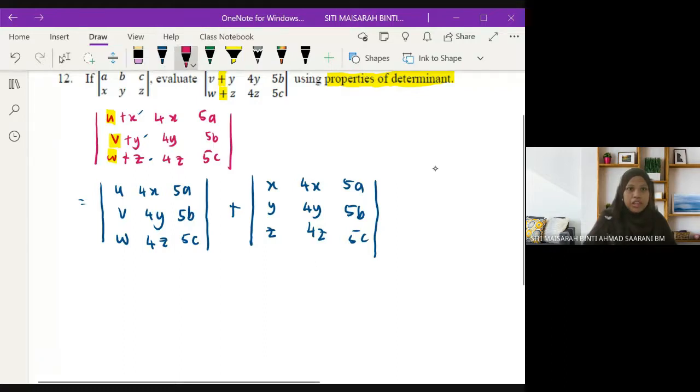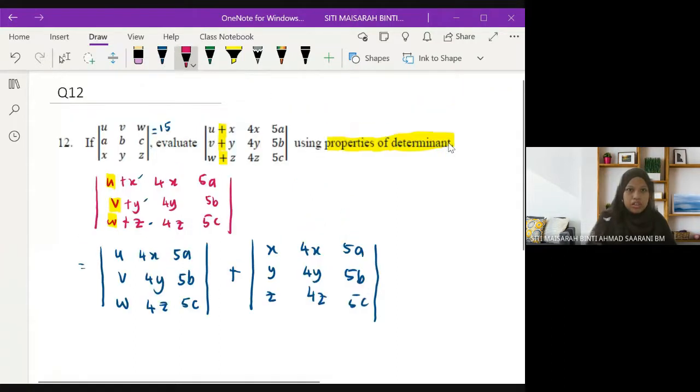Then after that, okay. Kalau tengok yang kita nak guna, suppose first column dia is U, A, X. First row dia is U V W. Dekat sini U V W pada first column. Dekat yang dia bagi is pada first row. So jadi from first column to first row, maksudnya awak kena transpose.